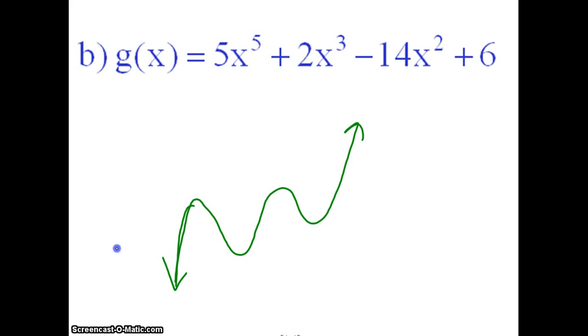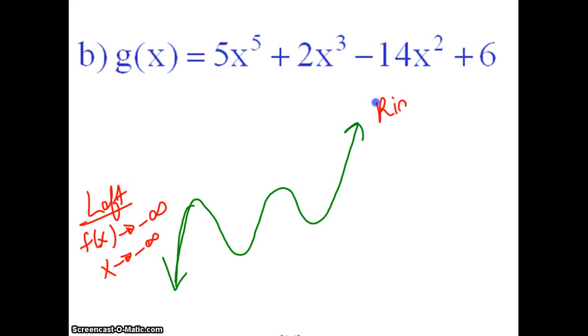End behavior on the left-hand side: f of x approaches negative infinity as x approaches negative infinity. On the right, f of x approaches positive infinity as x approaches positive infinity.